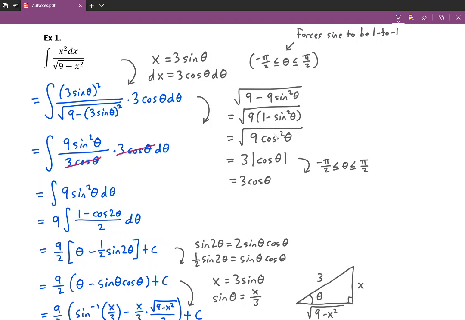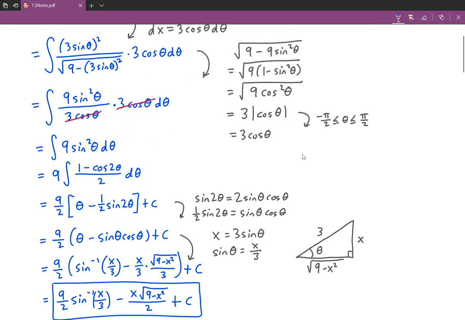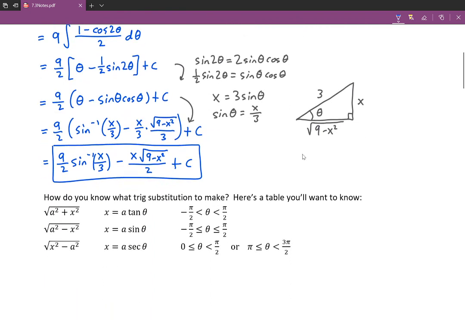Now the other Pythagorean identities, like tangent squared theta plus 1 equals secant squared theta, and identities like that are going to have their own ways of collapsing.